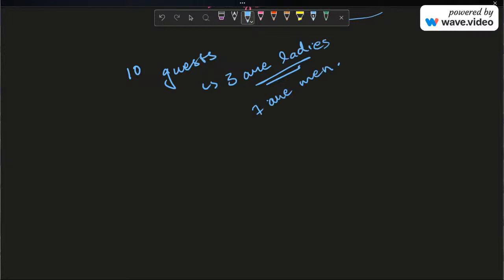Ladies are to be seated together, while men 1 and men 2 won't sit together.